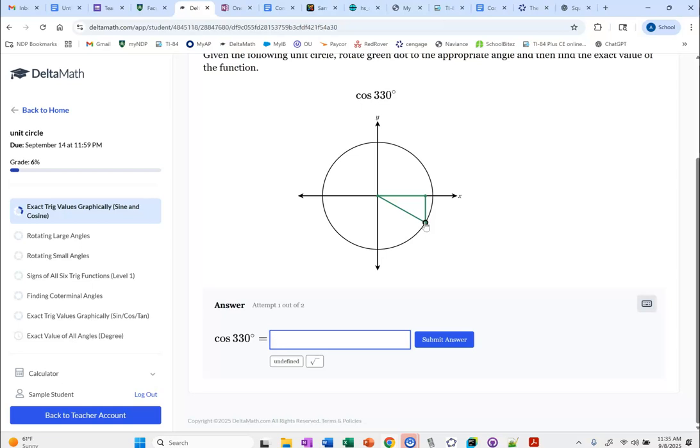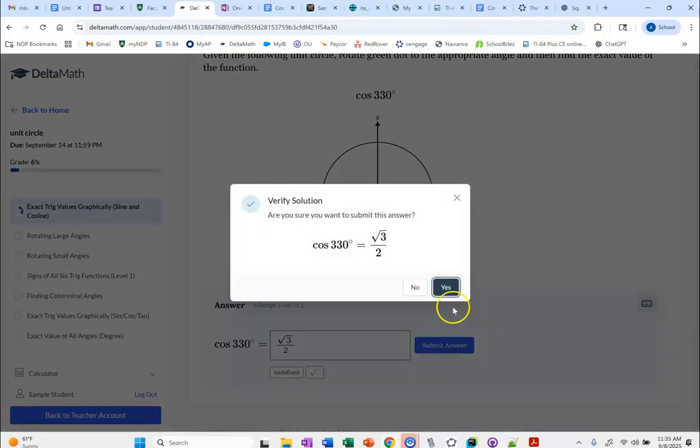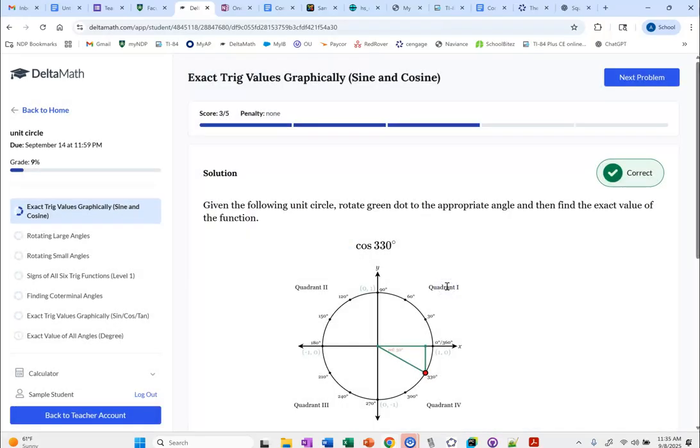X. The x coordinate there is? Square root of 3 over 2. Root 3 over 2. How's this feeling? Is this okay? So easy. That is what I love to hear. That is essentially all this thing is, right? It's just an exact value calculator. So all we need to be able to do is use it to look values up.